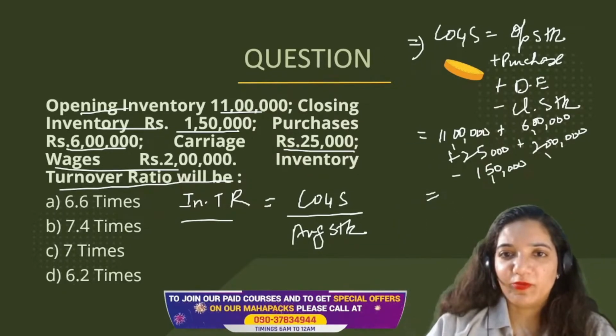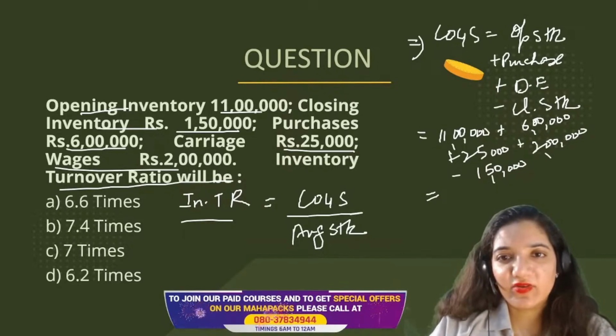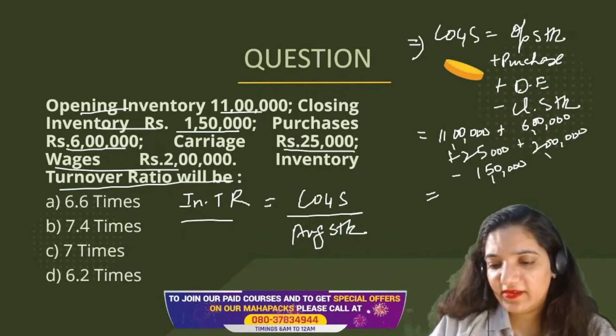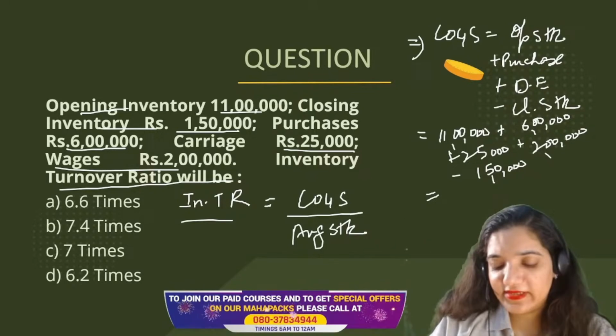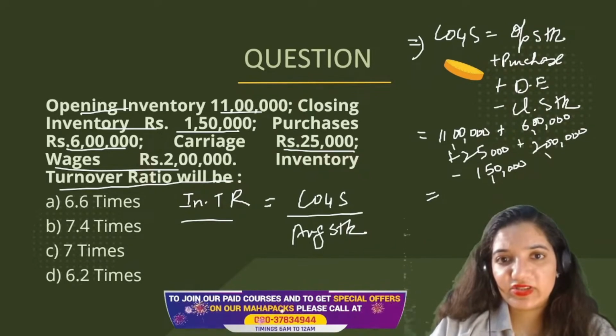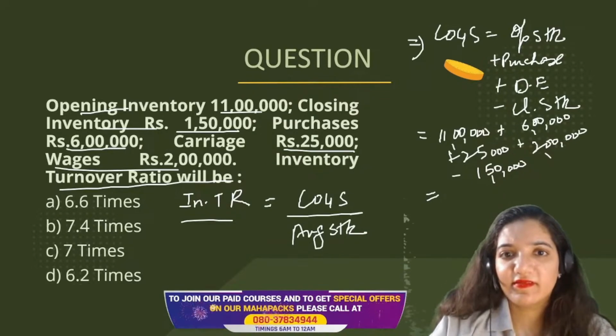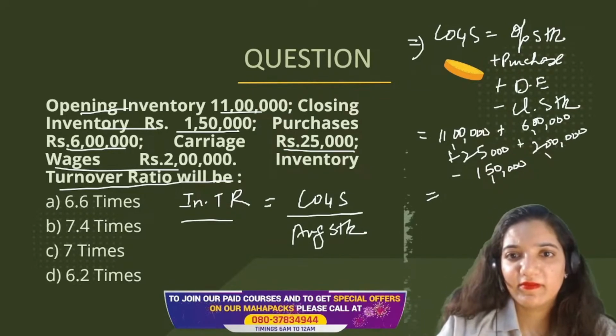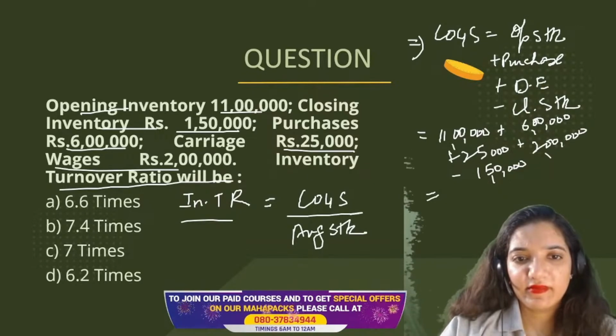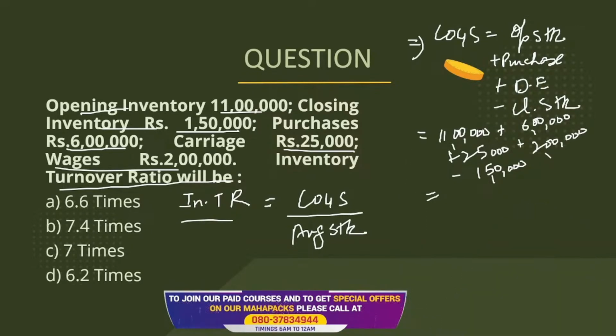Okay, so what would be the answer in this case? The answer is going to be 11 lakh plus 6 lakhs plus 25,000 plus 2 lakh minus 1,50,000. So it's going to be 17,75,000, everyone.